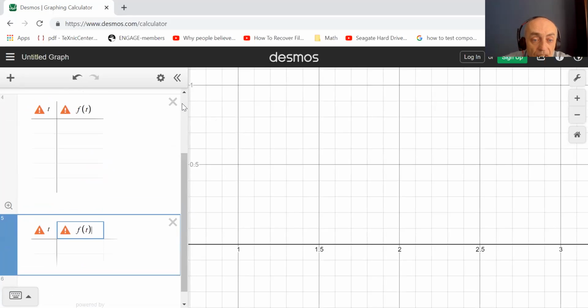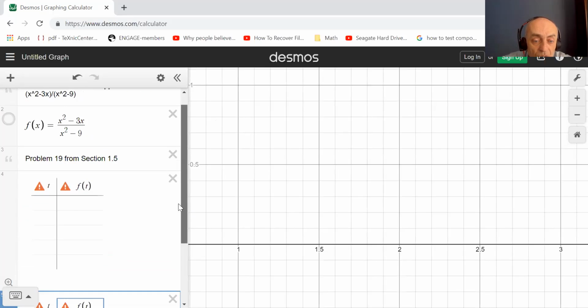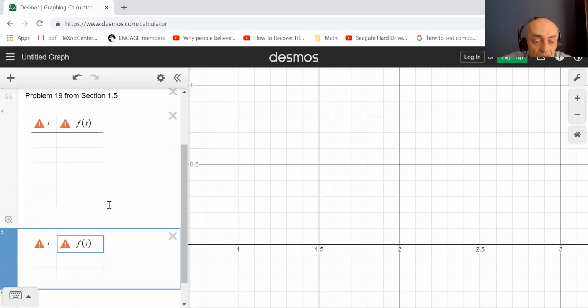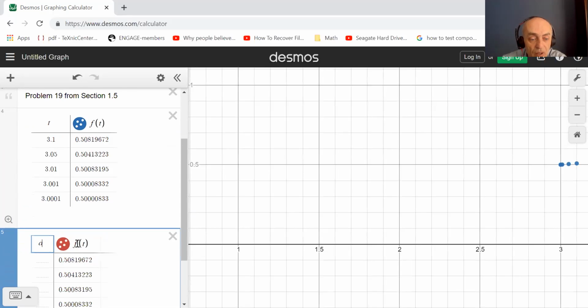Let's change the letter to A and f of A or something like that, since the program doesn't like that we're using the same letter. So I'm going to do A and f of A, again a different name for the letter.